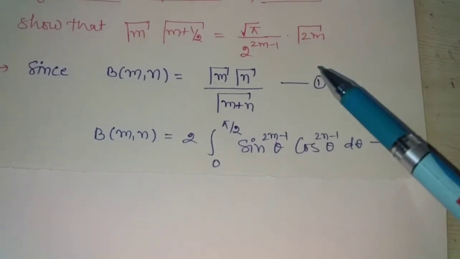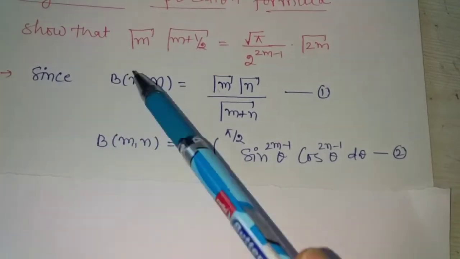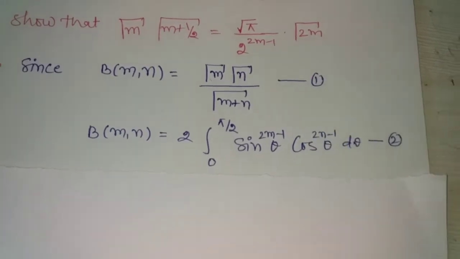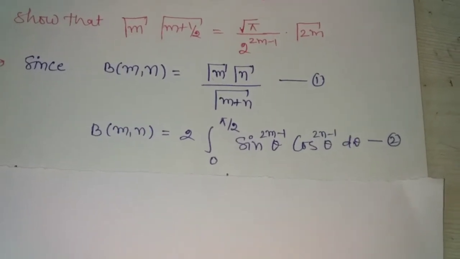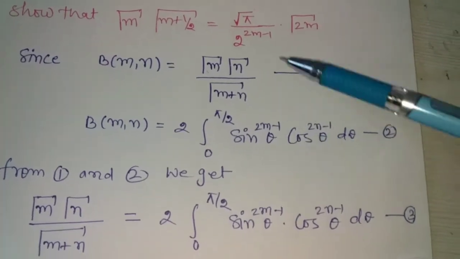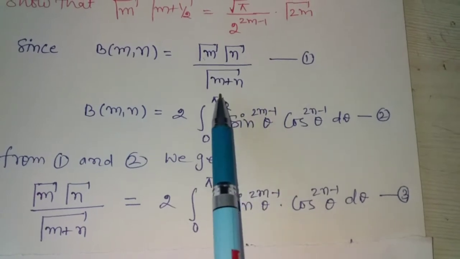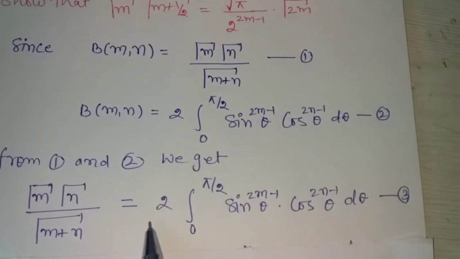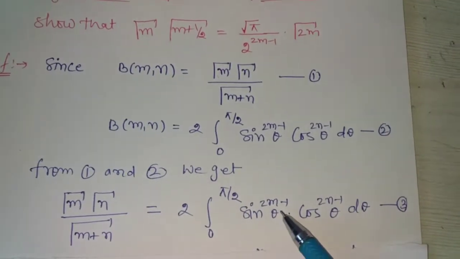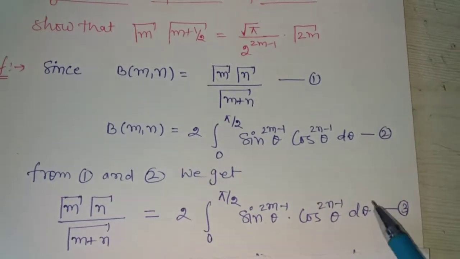Now from first and second we get, obviously the left hand sides are equal, so the right hand sides are also equal. Equating the right hand sides, we get gamma m into gamma n upon gamma m plus n equal to 2 times the integral from 0 to pi by 2 of sine raised to 2m minus 1 theta into cos raised to 2n minus 1 theta d theta.